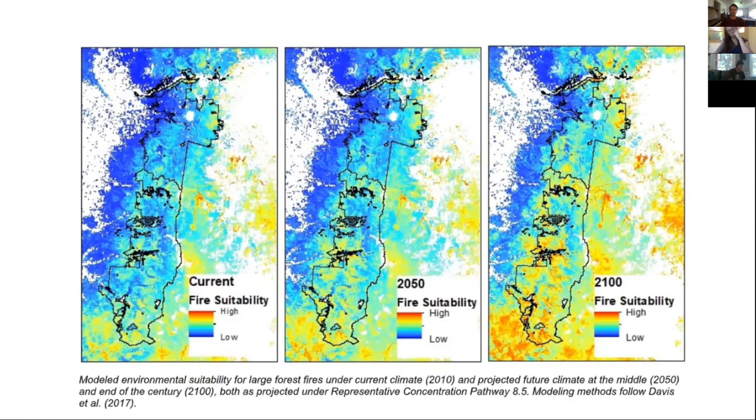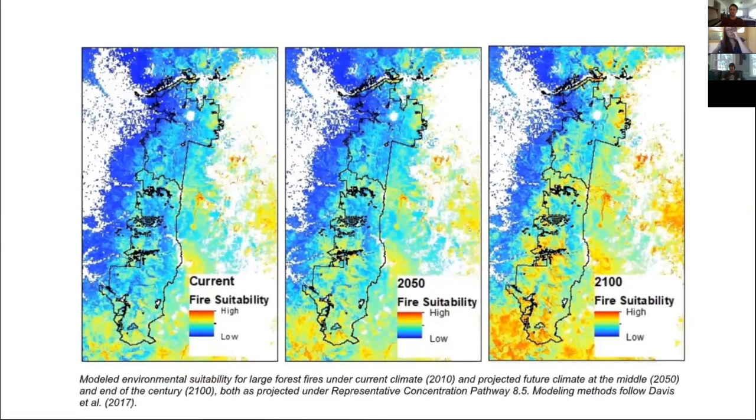Over the next 180 or so years, you can see that the areas that are suitable, or more likely to have physical conditions for fire, start to really expand. This climate modeling is showing higher temperatures and reduced precipitation at some times of the year, increasing summer drought, and that will likely increase the opportunity for fire to occur on the landscape.